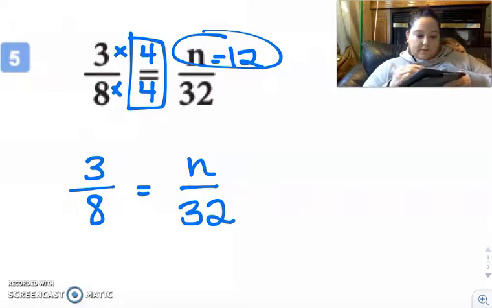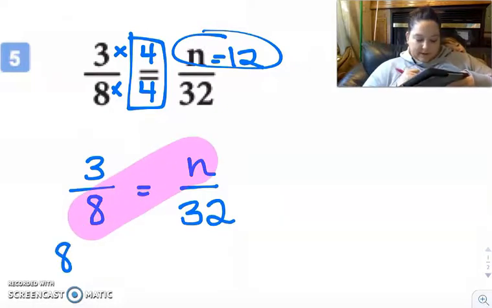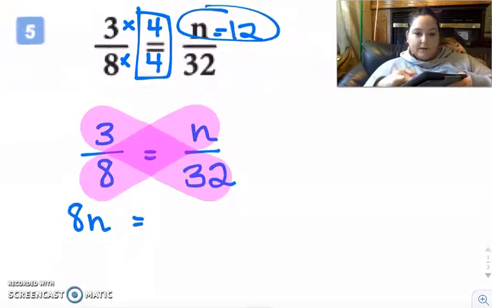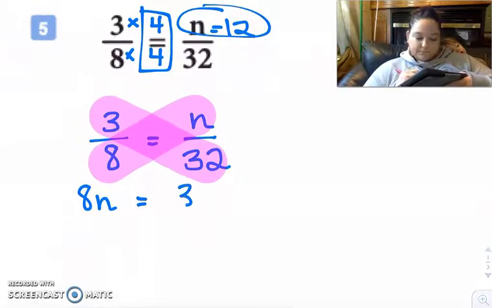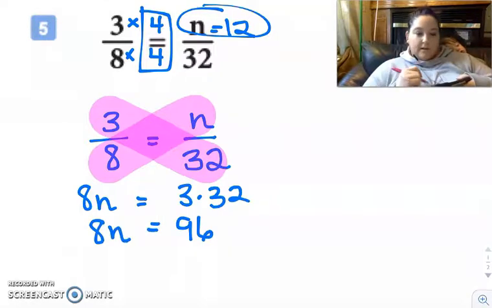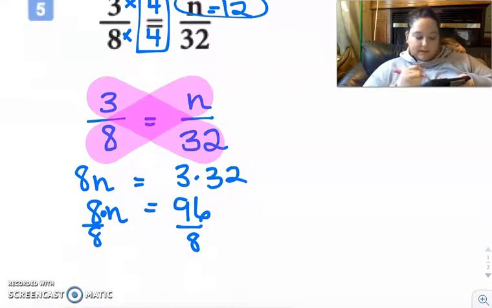So we would do n times 8, or 8n on that side. And on this side, we've got 3 times 32. 3 times 32 is 96 equals 8n. The opposite of times 8 is divide by 8, so to figure out the missing number, we'll divide by 8 on both sides.